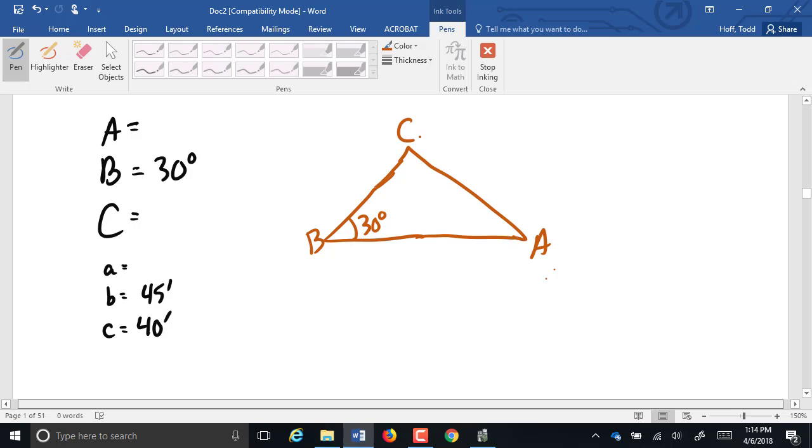This is going to be angle A and angle C here. So side B is 45. Side C is 40. So this will be little b, little c, little a.